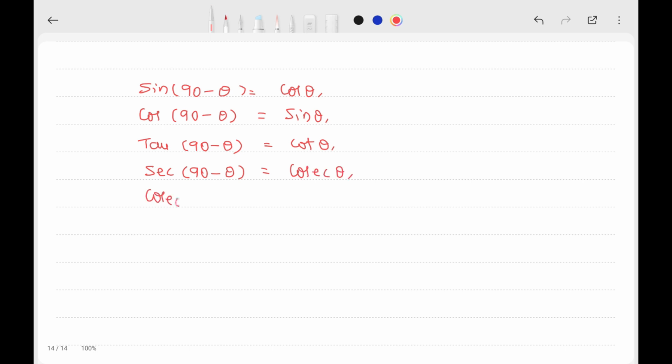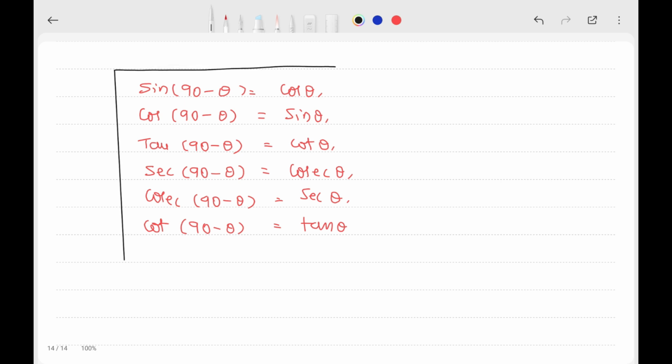Cosecant 90 minus theta is equal to secant theta. And cot 90 minus theta is equal to tan theta. Please remember these 6 identities. I have already explained in previous classes in detail. Please see my previous classes also, previous lectures.